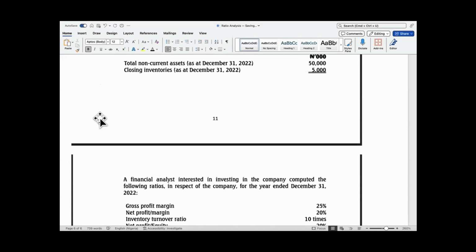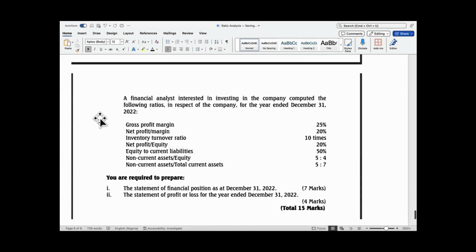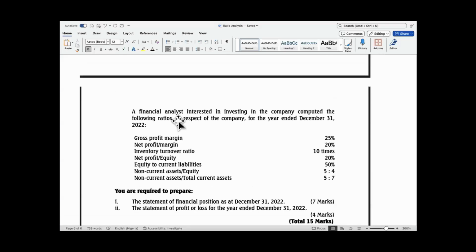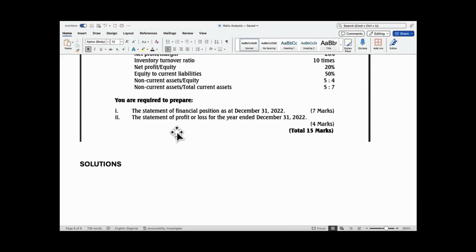This was the first time they asked it, and it's okay, but normally an average student should be able to get 11 out of 11 marks, because from the ratios you can easily get your figures. So let's look at the ratios one by one and see how we can get the absolute figures for us to then prepare our statements.